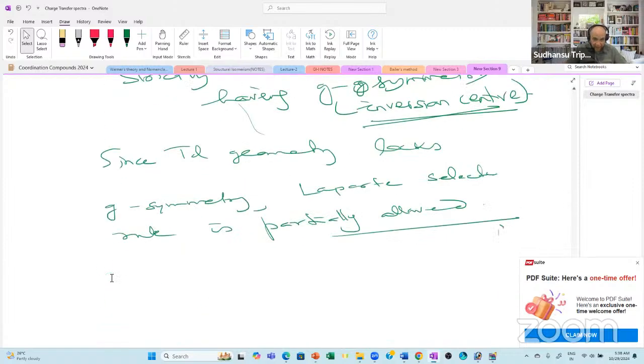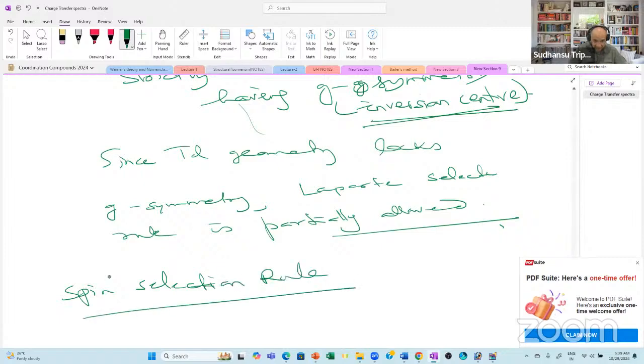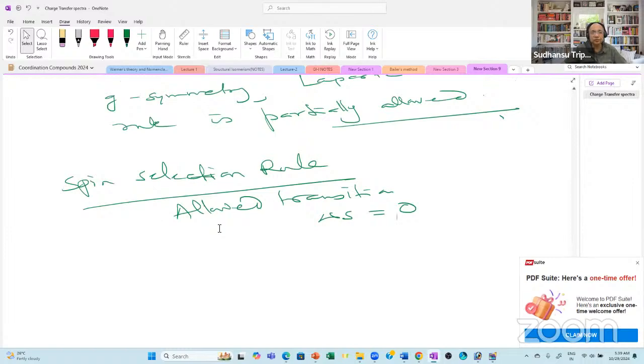And another selection rule is there, the spin selection rule. So an allowed transition should have not only delta L equal to plus minus 1, but the spin change should be 0. Whatever was in the t2g set will just be lifted up with the same spin without inverting the spin.